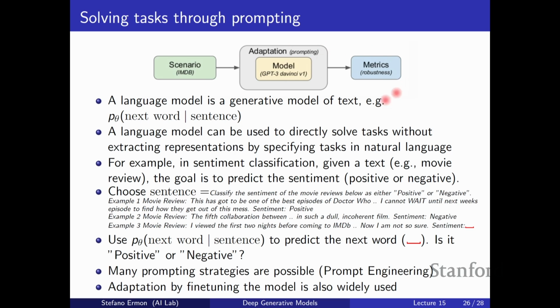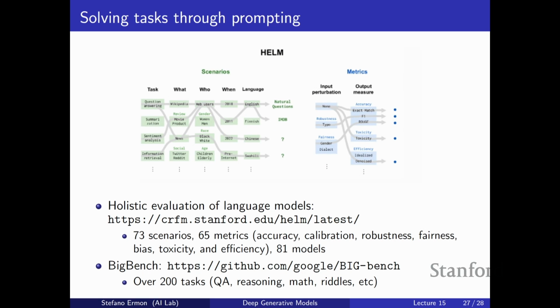You can have different metrics, for example, accuracy or whatever it is, when you use the model to solve the task that way, and then you can compare many of the existing models that are out there with respect to all these metrics. And that allows you to maybe say in a more precise way, this model is better than this other model with respect to these metrics on these scenarios.